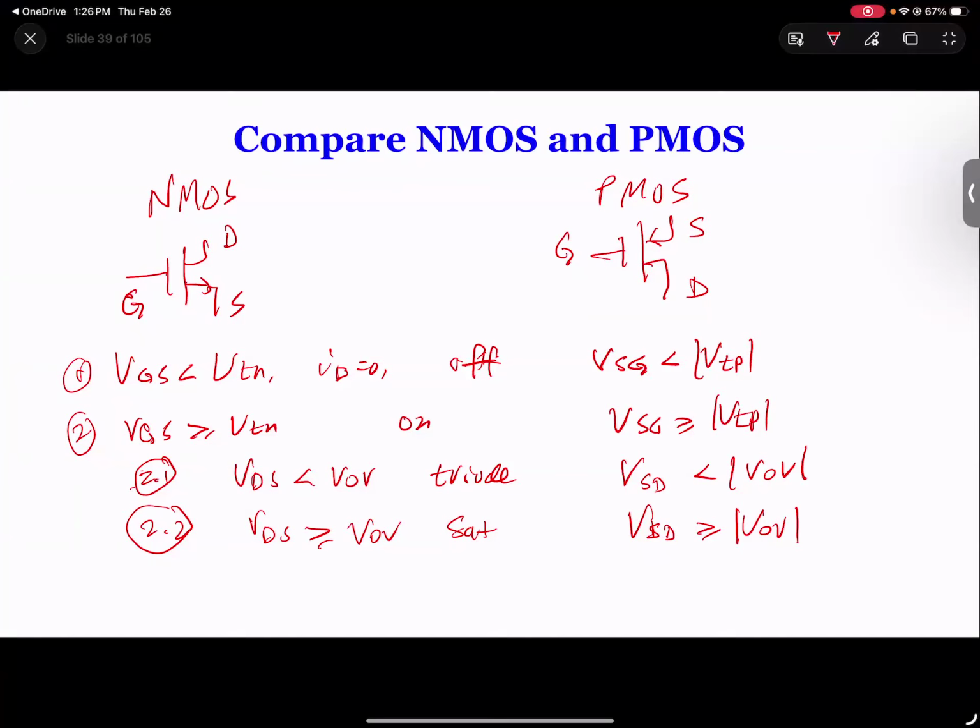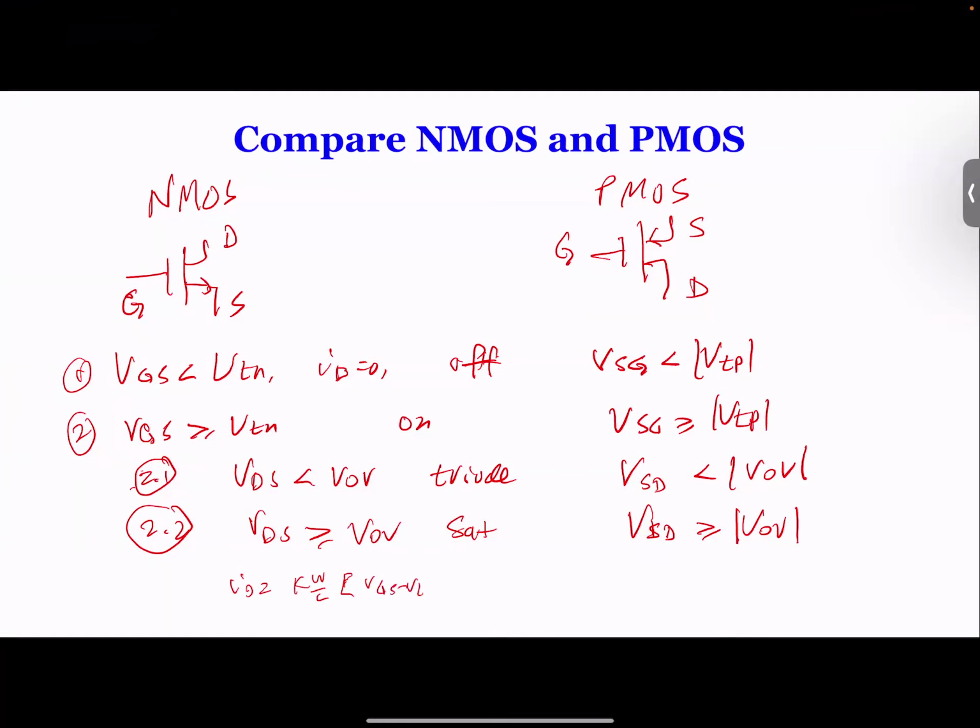there's not enough space for me to write it, but we can write down here maybe. So for 2.1, ID equal to KN prime W over L times VGS minus VT.